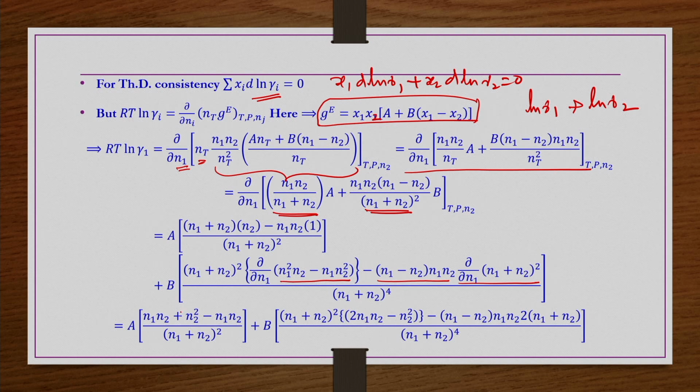From the first term we get N1 N2 plus N2 square minus N1 N2 divided by N1 plus N2 whole square, so this is cancelled out. Here N1 plus N2 whole square is as it is, the differentiation of this one is 2 N1 N2, and the differentiation of this one is simply N2 square. Here N1 minus N2 multiplied by N1 N2 is as it is, and the differentiation of this term is 2 into N1 plus N2 multiplied by 1.